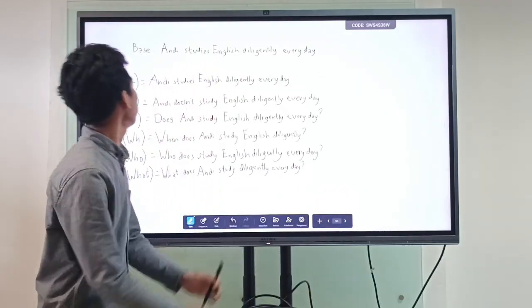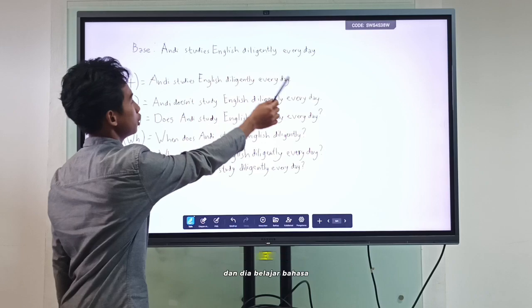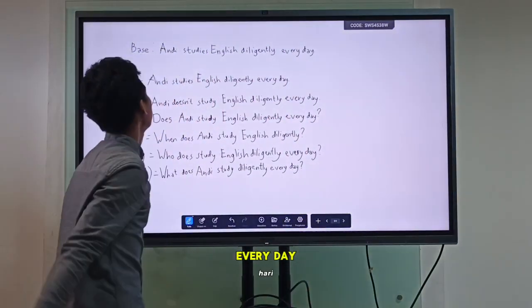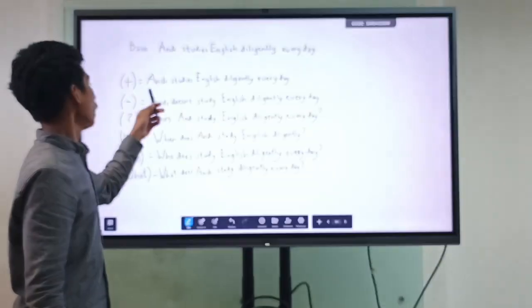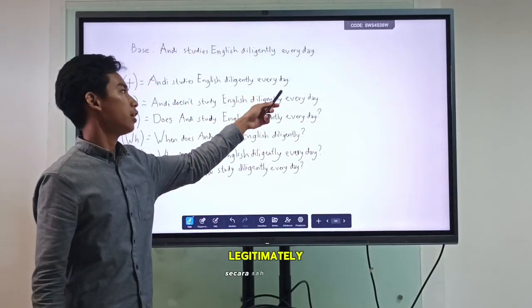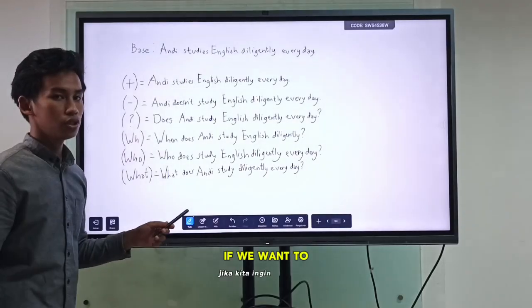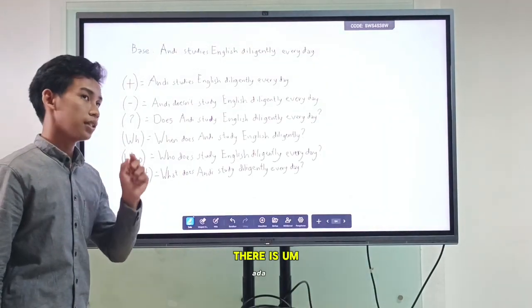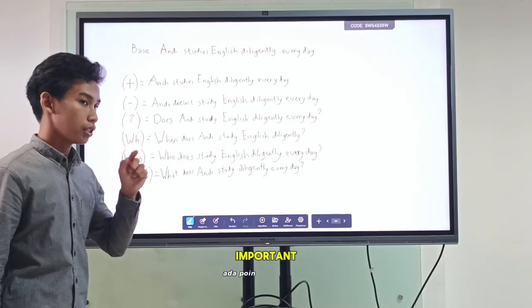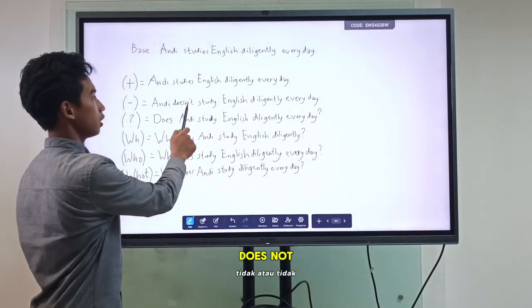This is the way. Now, the base sentence is Andi studies English diligently every day. The positive form is the same as the basic: Andi studies English diligently every day. Nothing changed. And then, if we want to change the positive form into the negative form, there is an important point. Andi doesn't or does not.